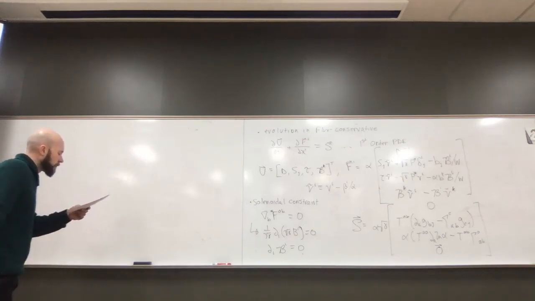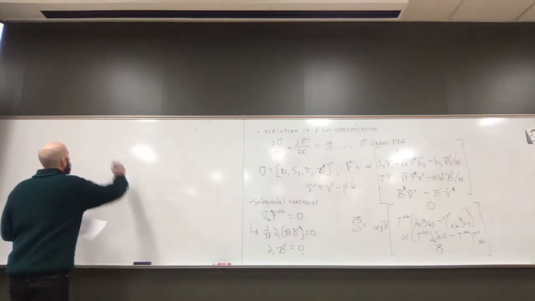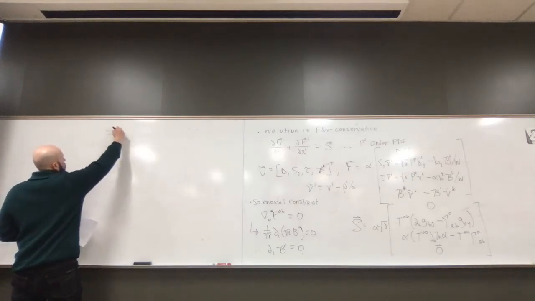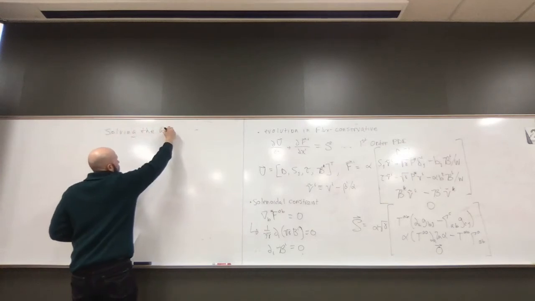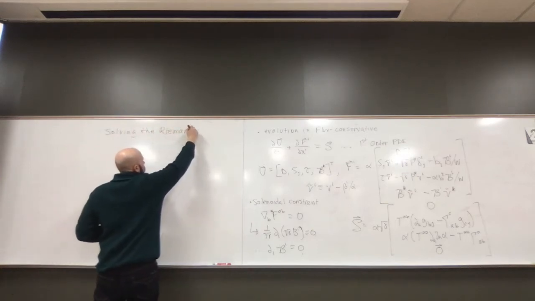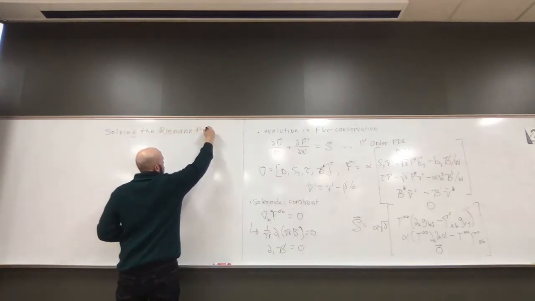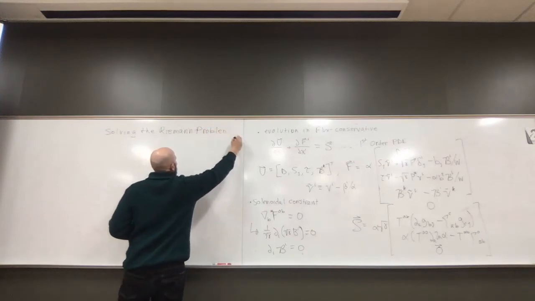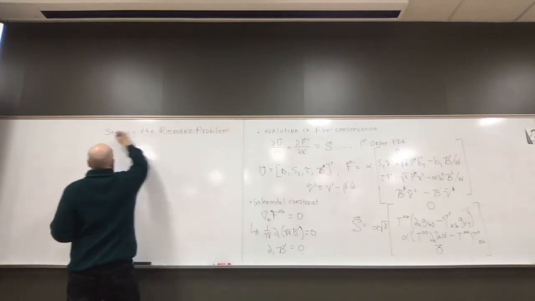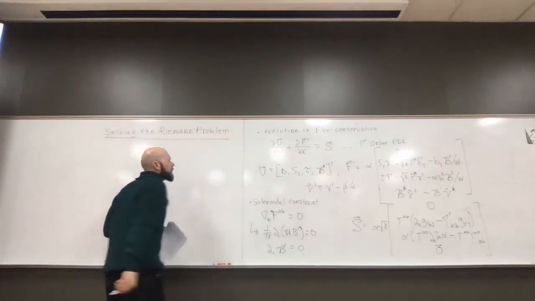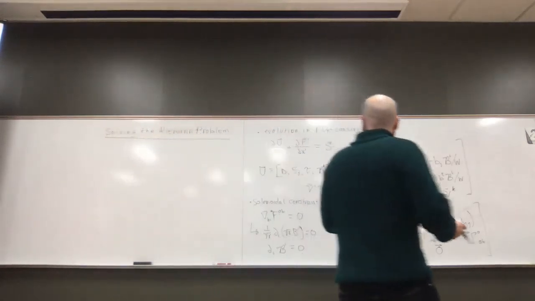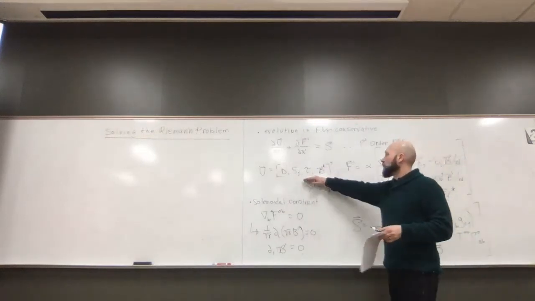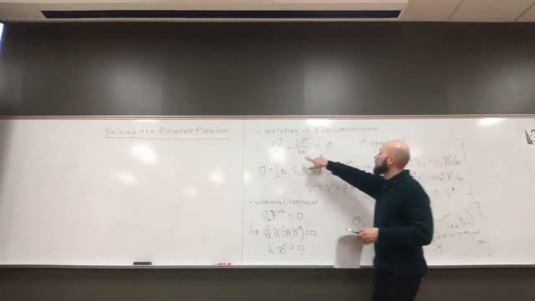Okay. So let's move on to solving the Riemann problem. So we've talked about this before in the context of hydrodynamics, last time, I think, or the time before, whenever we were talking about hydro. The general approach here is I've got this set of conservative variables. They obey this PDE.